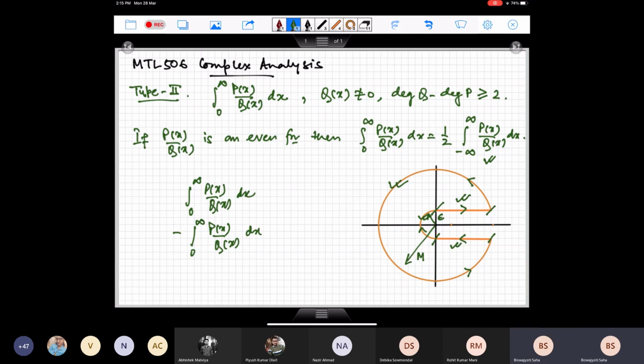So this is where we are going to use our known function, like for example log x or argument of x, these kind of functions.